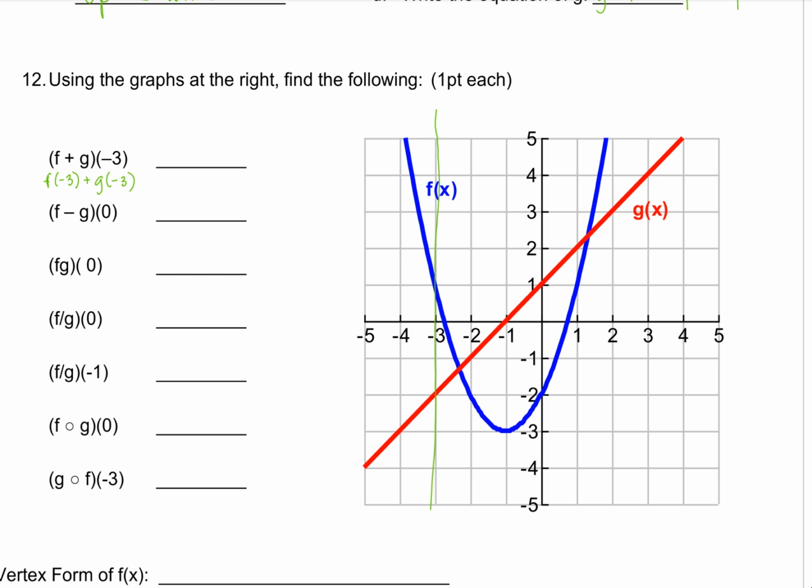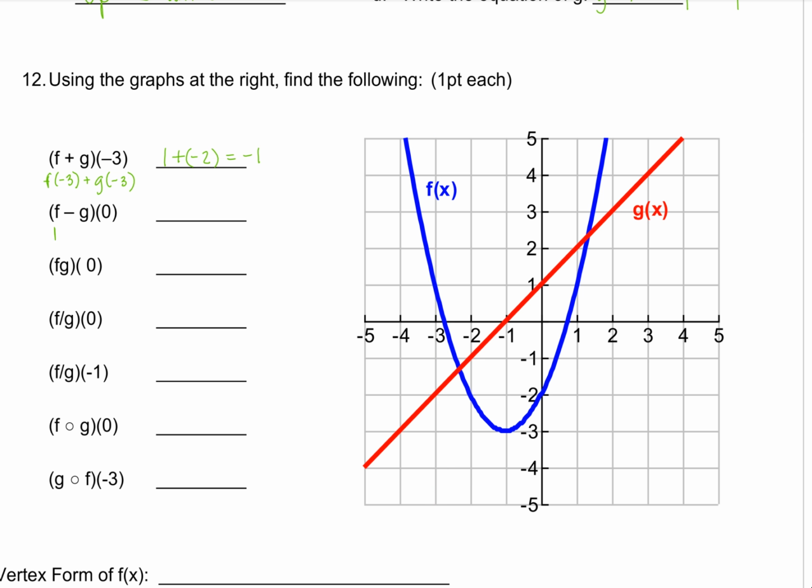So f of negative 3, that's the blue one. I go to that line and it has an answer of 1. And I'm adding them, so that's plus g of negative 3. I have an answer at negative 2. So plus negative 2. So my solution is negative 1. I can erase my line.